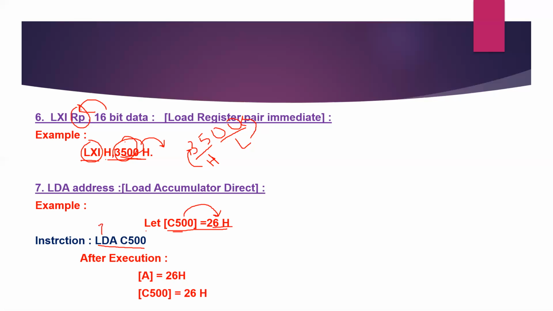This instruction will load the accumulator with the data stored at this address. At C500 the data stored is 26H, so this instruction will load the accumulator with 26H. After execution, the accumulator has data 26H and at the address C500 the data is as it is. This instruction just loads the accumulator.